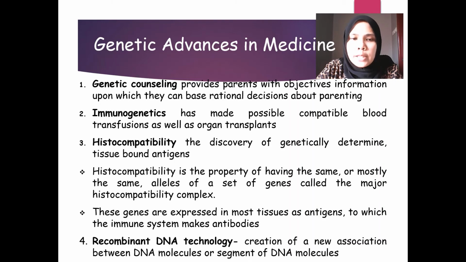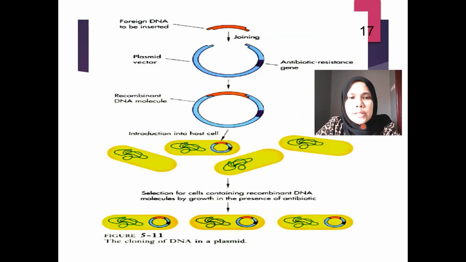And we also have the recombinant DNA technology, which creates a new bridge between DNA molecules or segments of DNA molecules. So this is the process of cloning DNA in a plasmid, in which our gene of interest, the foreign DNA, is inserted into a plasmid vector which carries the antibiotic resistance gene, and then it will form a recombinant DNA molecule, which will be introduced into the host cell.